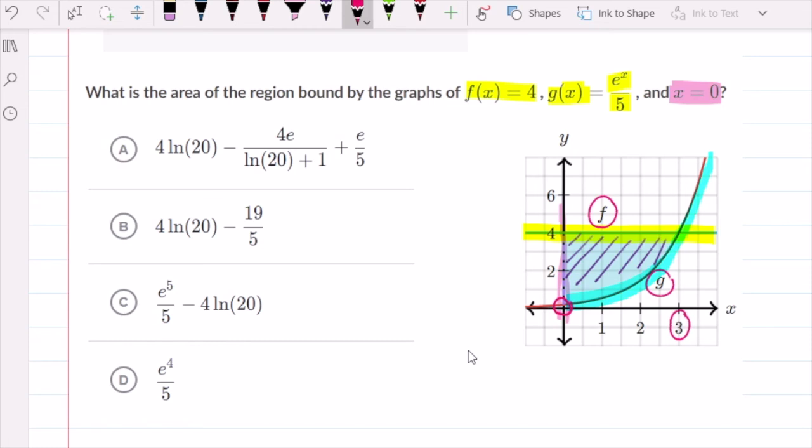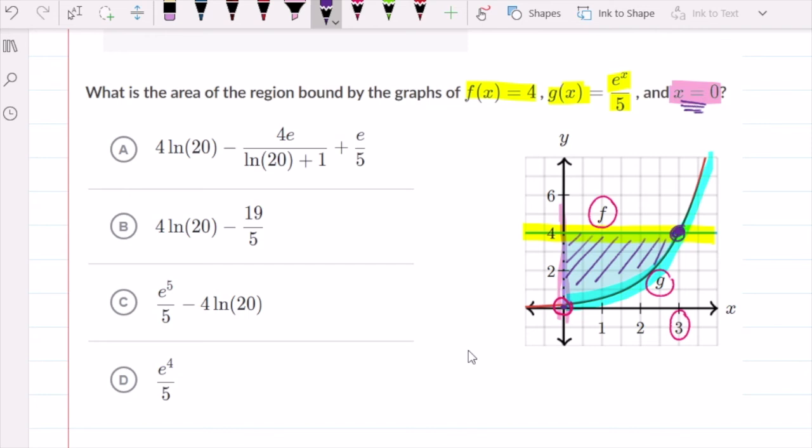The region whose area we need to find is enclosed by x equal to 0 up to 3 only. The first point, x equal to 0, is already given. The second point is x equal to 3, the intersection point between f and g.